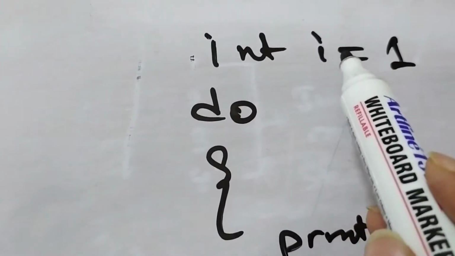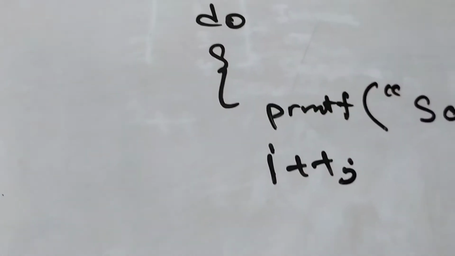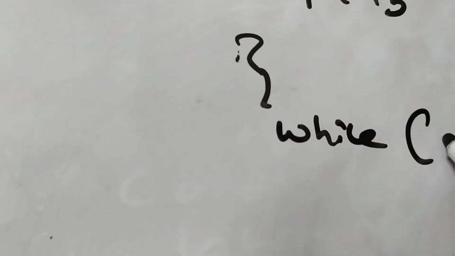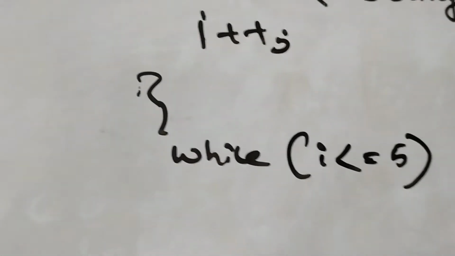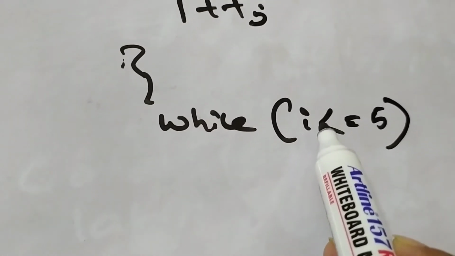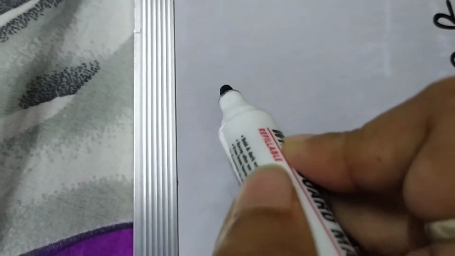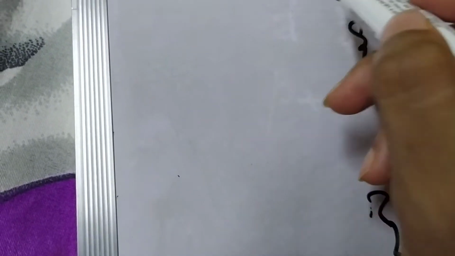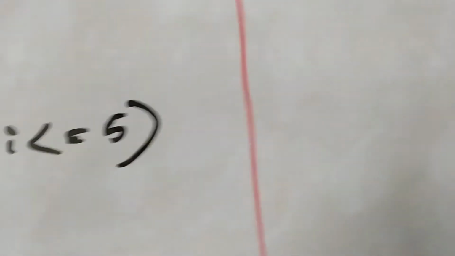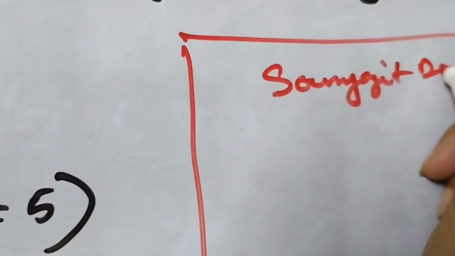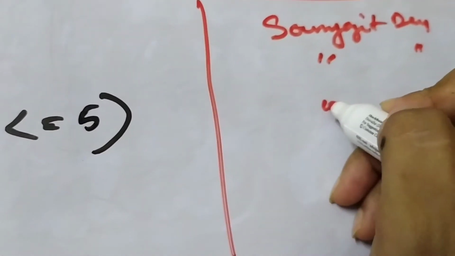I have already assigned 1 to i. Now I am using while i less than or equal to 5. That means i cannot exceed 5, so the output will be my name 5 times.